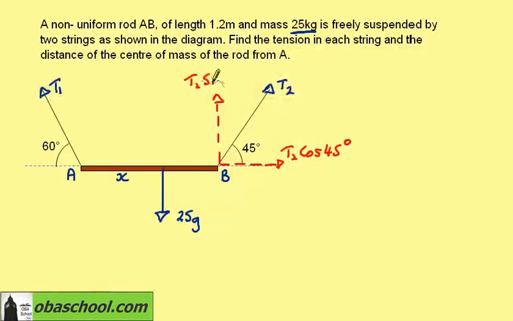So here we have T2 sine 45 degrees. Doing the same thing for T1, this component will be T1 cos 60, and this component will be T1 sine 60.